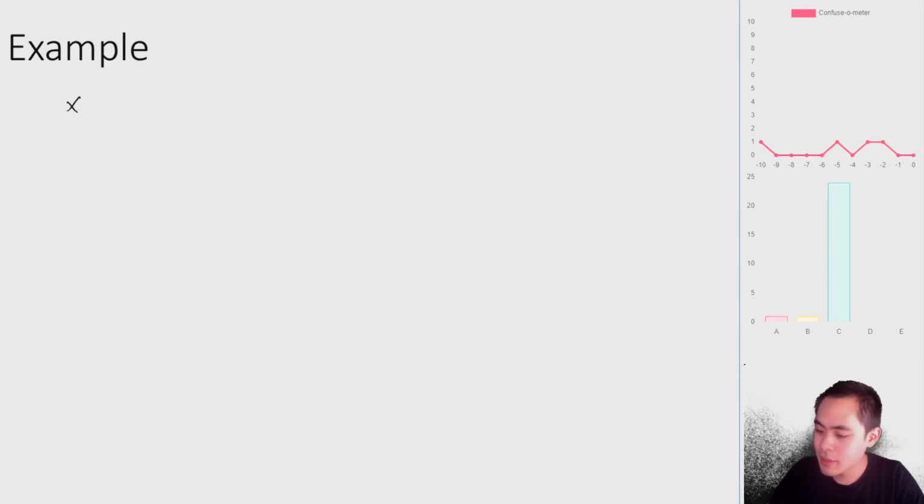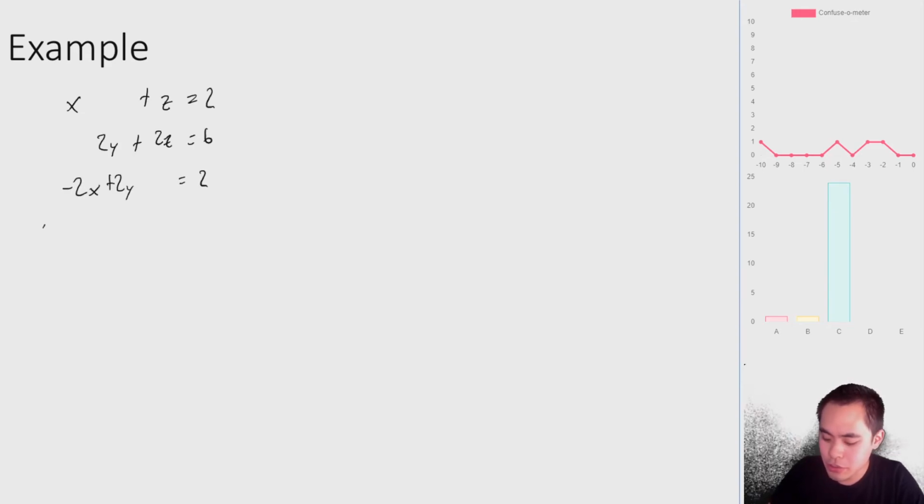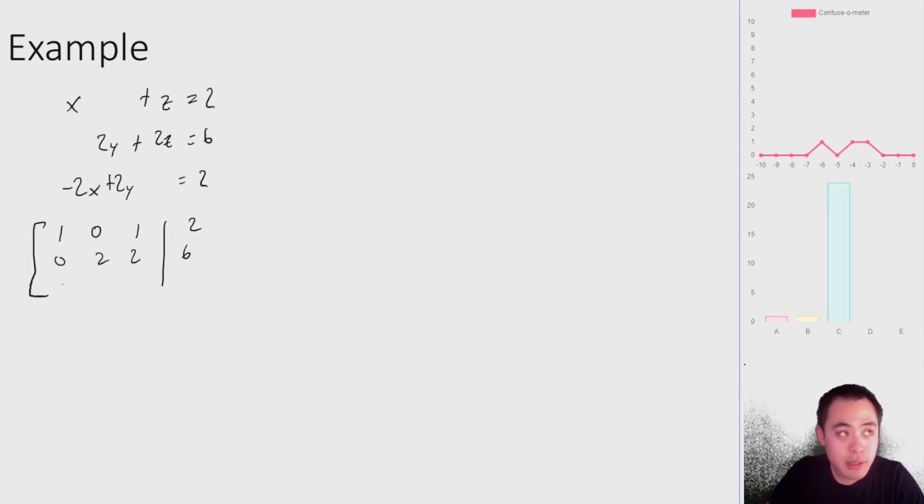So if we have x plus z is equal to 2, and 2y plus 2z is equal to 6, and minus 2x plus 2y is equal to 2, we can turn this into an augmented matrix. This is going to be 1, 0, 1, 2, 0, 2, 2, 6, minus 2, 2, 0, 2.